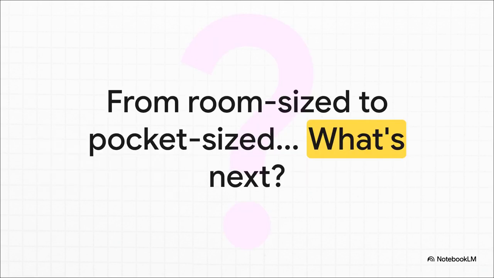The journey from the analytical engine to the iPhone is really a story of shrinking things down relentlessly. We've gone from the size of a room to the size of a pocket, all within a single human lifetime. It really makes you stop and wonder, what's the next fundamental shift going to be? What's the next chapter?